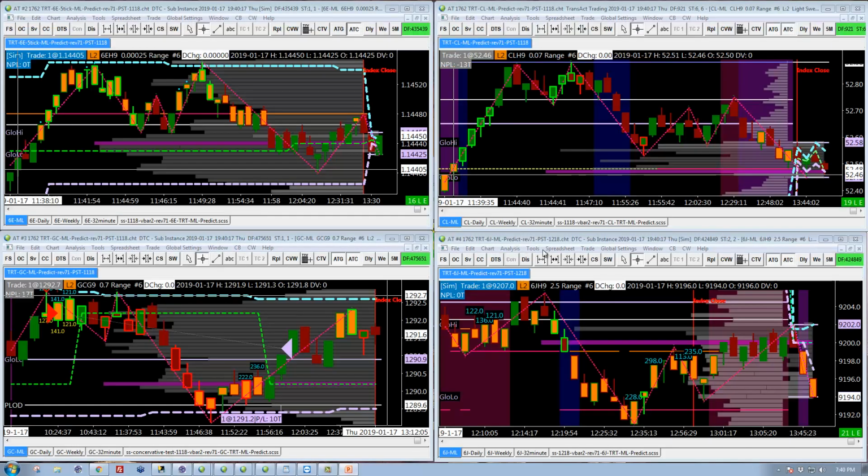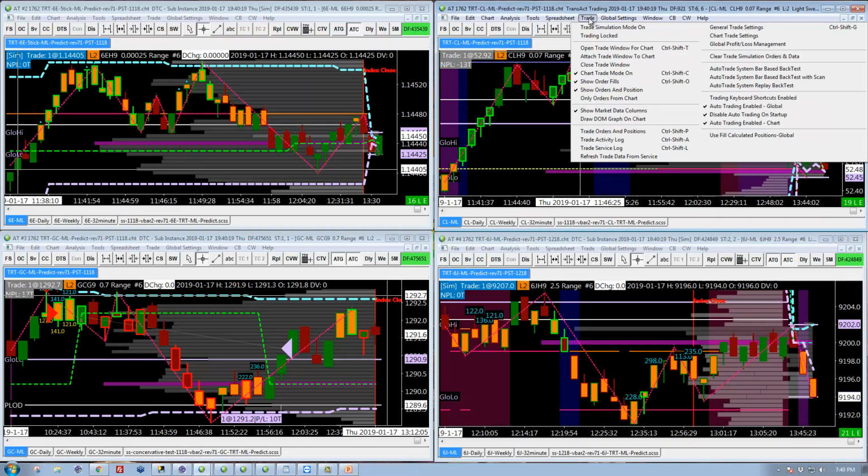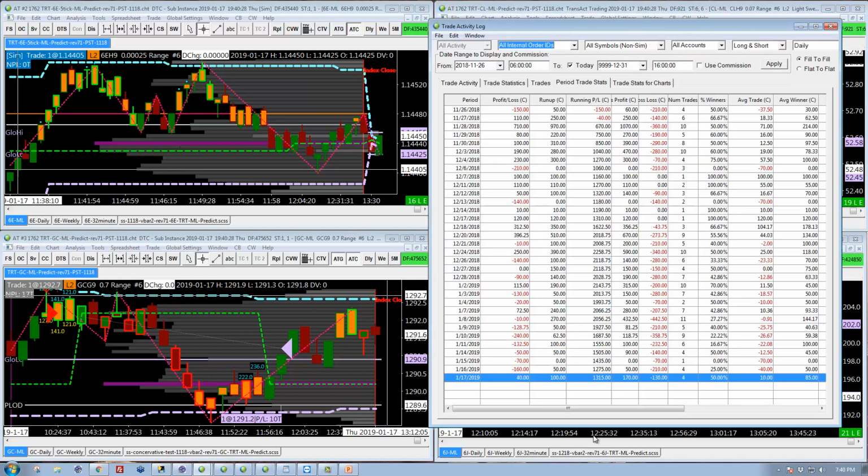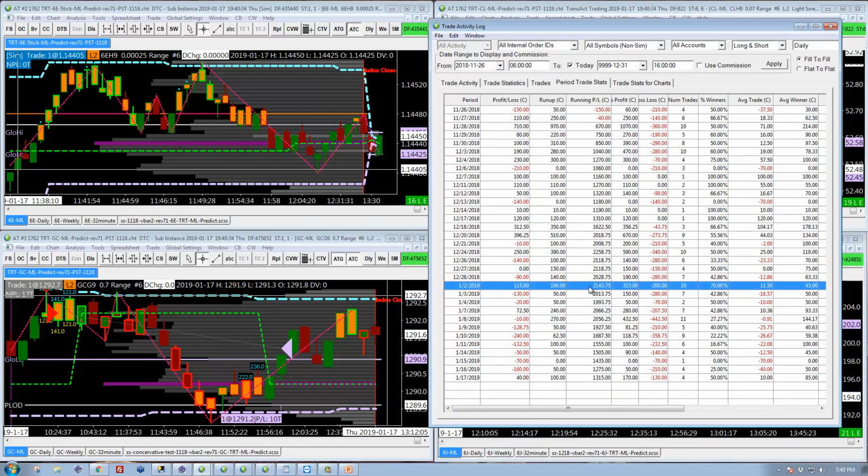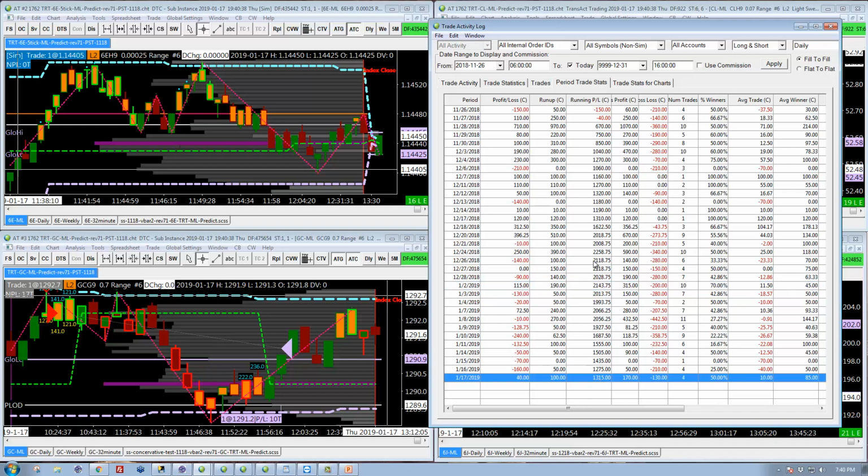In oil, it's not doing anywhere nearly as well as the first method. If we look at our trade activity log, in total, we climbed up to 21, and now we've come back down to 13. That's a fairly big drawdown.